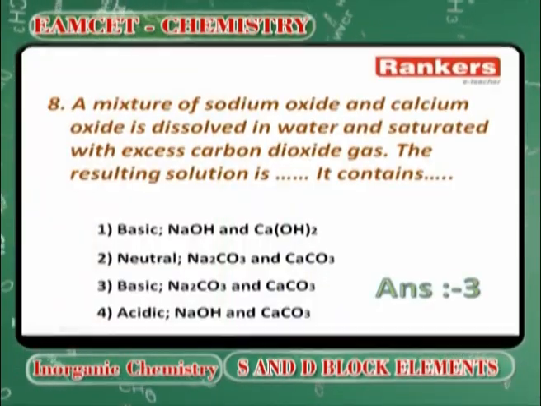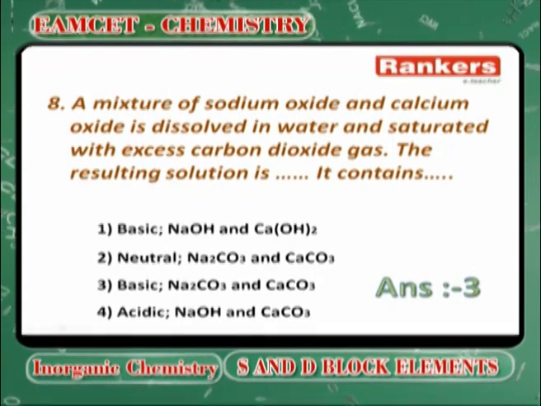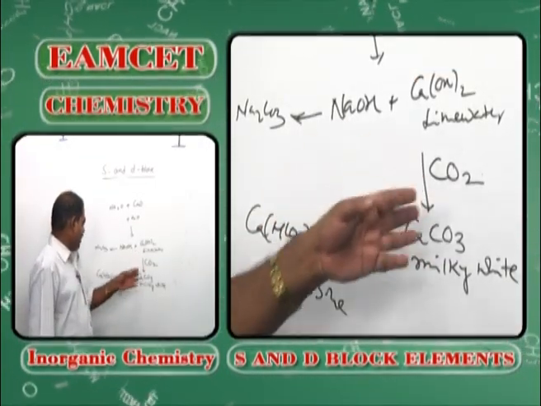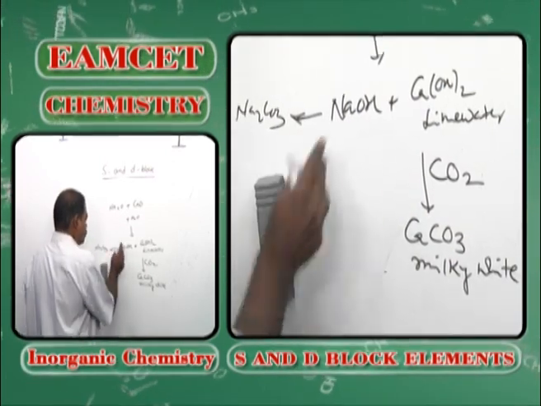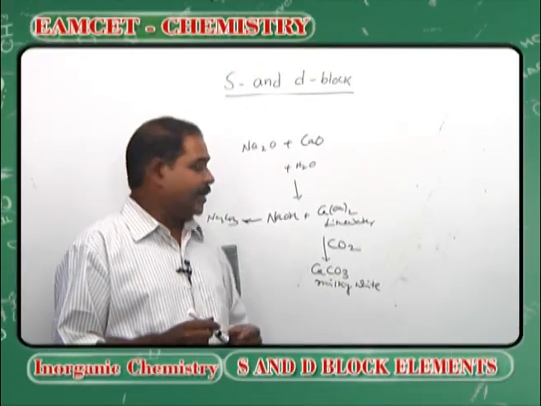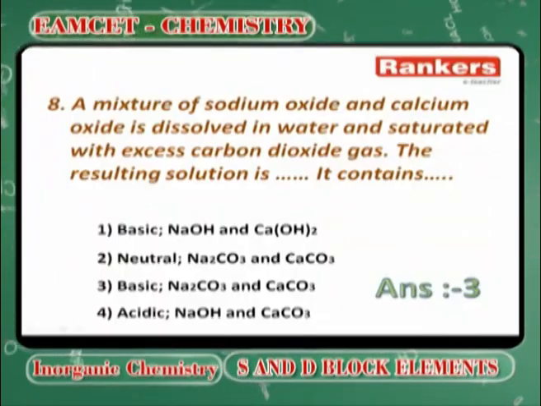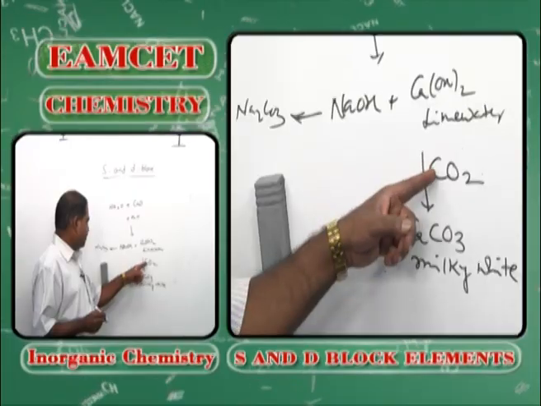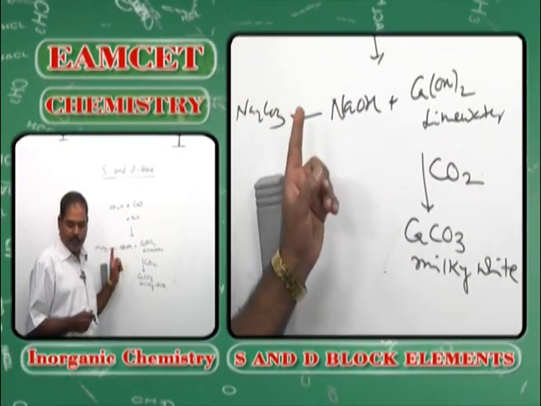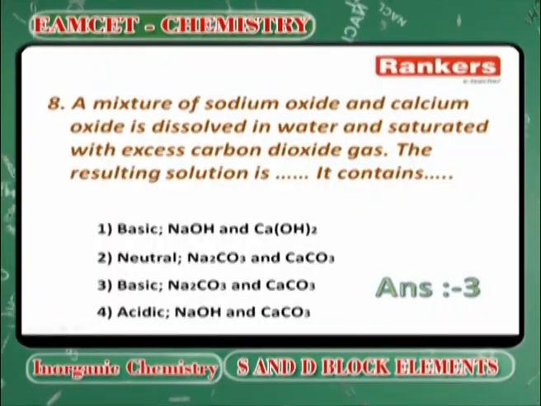They are not referring to this, means they are using the word excess only to tell you both sodium hydroxide and calcium hydroxide are there. So, the solution contains sodium carbonate and calcium carbonate.